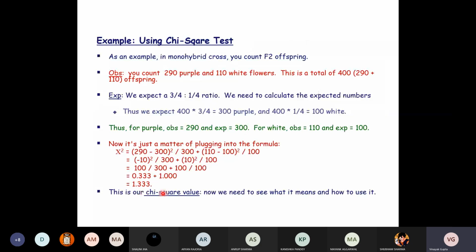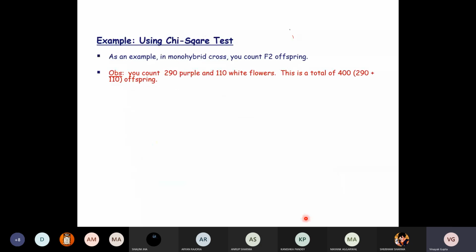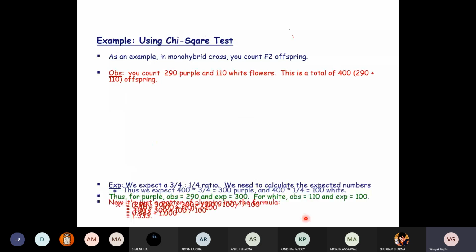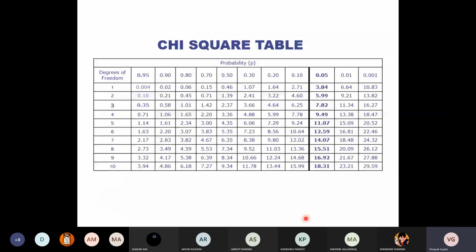So when the calculated chi-square value is less than the table value, then accept the null hypothesis. So here it is 1.33. It is less than your critical value which is mentioned in the table. So what should we do? Accept the null hypothesis or reject the null hypothesis?